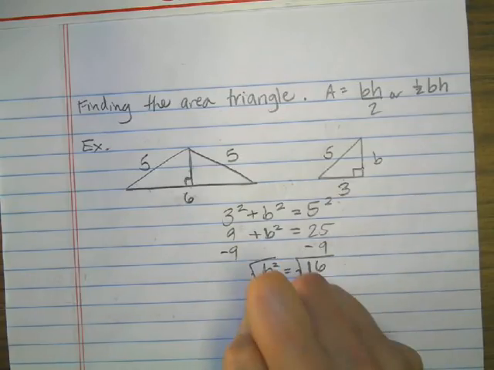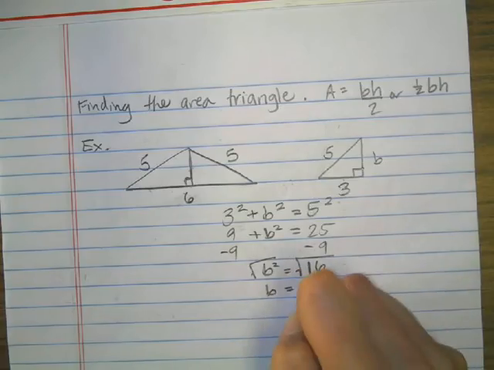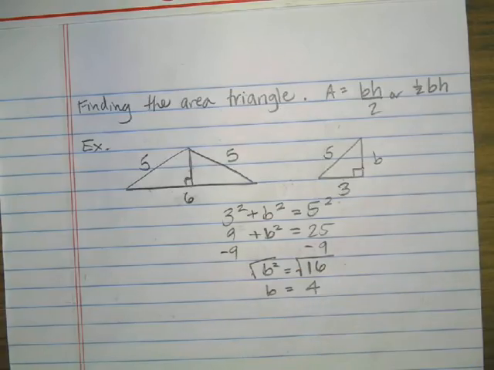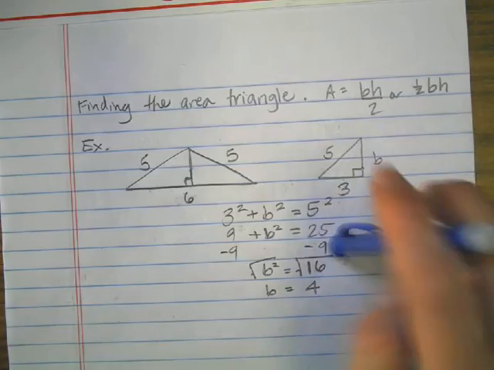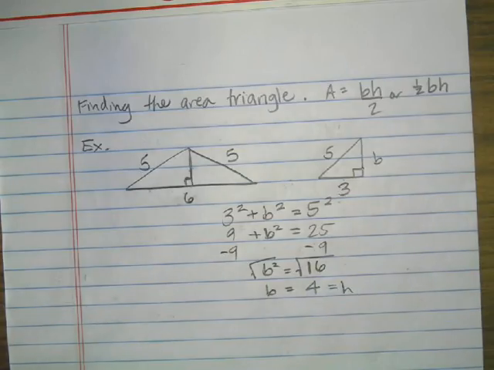They end up being 8x, 15x, 17x, and also 7x, 24x, 25x. But if you want to look at the actual numbers that go with them, 8, 15, 17, 7, 24, 25, you can multiply these all by 2, multiply these all by 3, and so on.